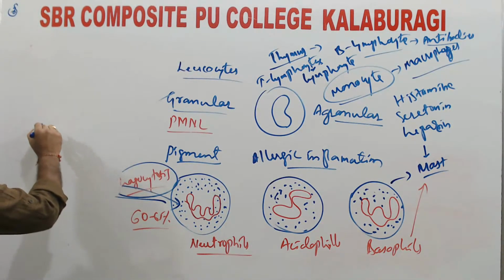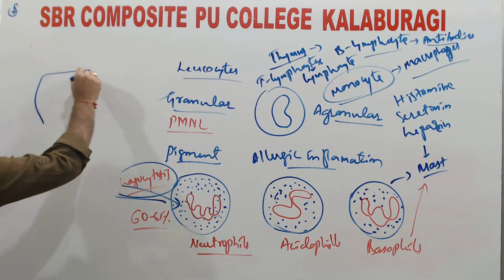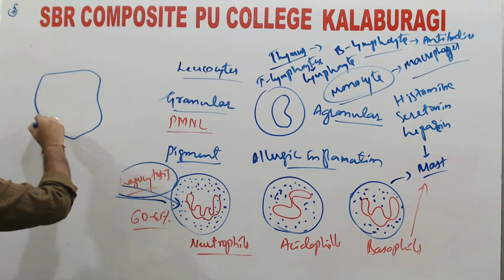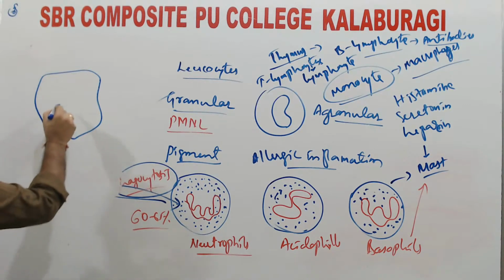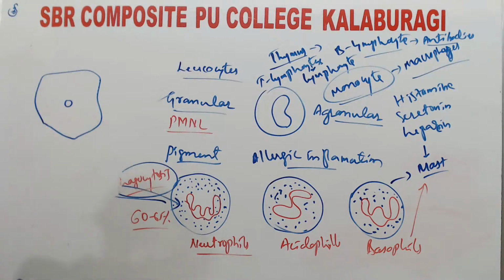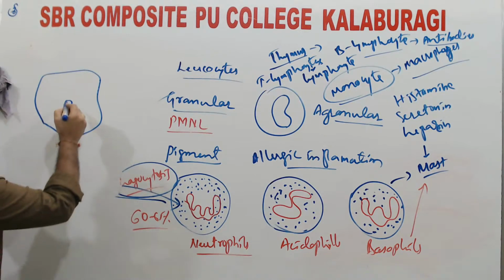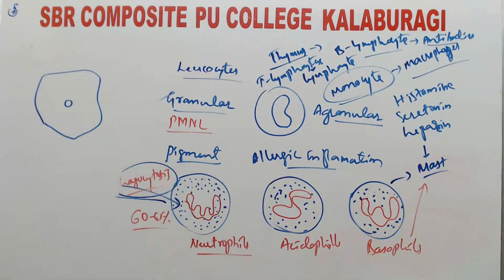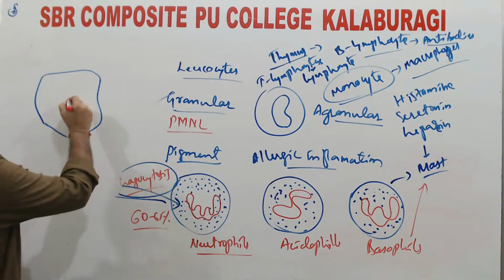So if you take the transverse section of this liver, we are going to observe the liver lobule. This liver lobule mainly possesses a central canal. From the central canal of this liver lobule, the hepatic cords are derived.